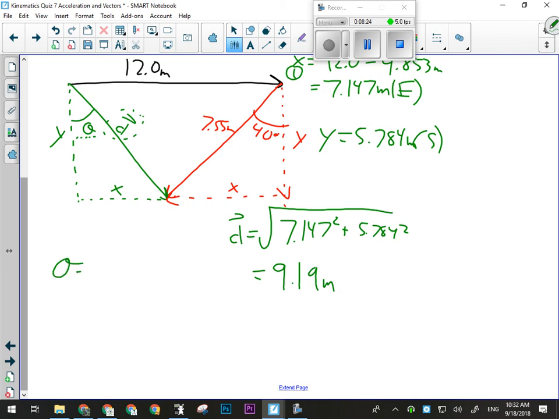Then we have to find theta. Okay, so theta, I'm going to use x over y, opposite over adjacent, so I'm going to go tan to the minus 1 of x, which we said was 7.147, divided by 5.784, and that will give me this angle here.